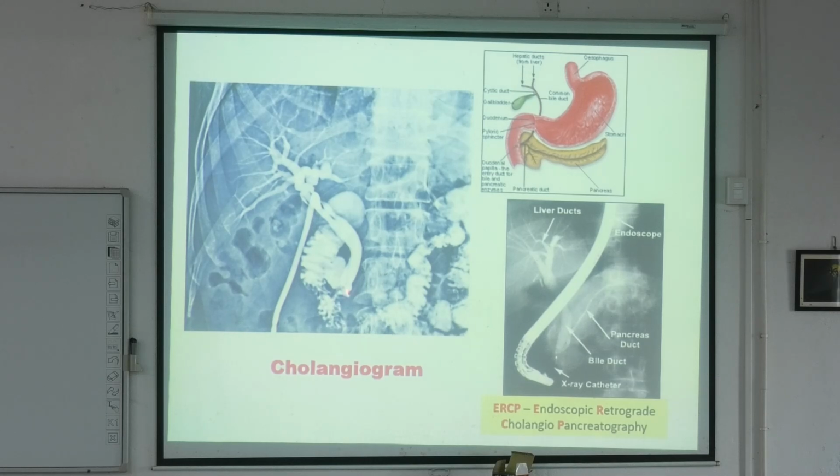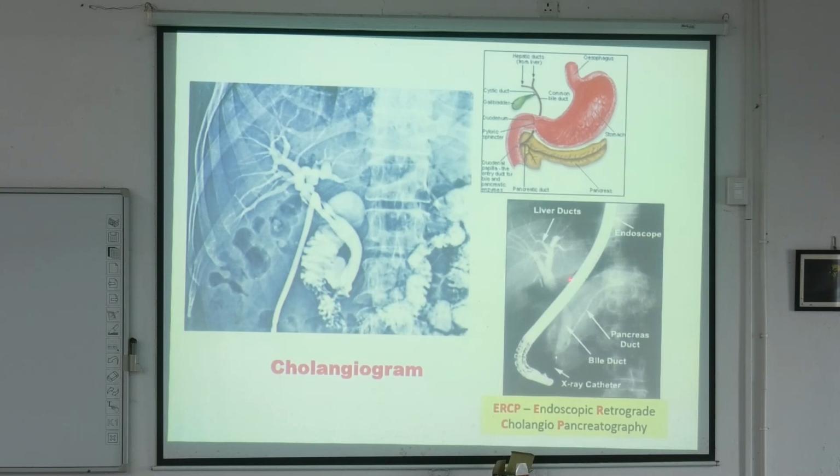You will be able to note where the block is. If the channel is fully normal, whatever you are seeing is basically the biliary canaliculi. The bile is coming from the liver through the hepatic duct, through cystic duct, through common bile duct to the second part of the duodenum. Can you see it?